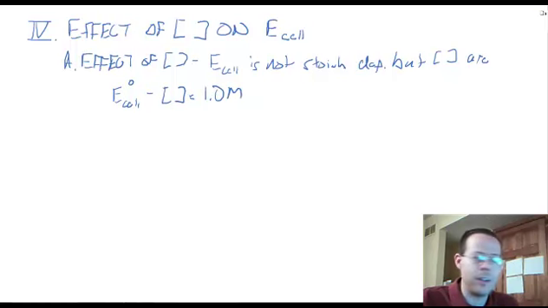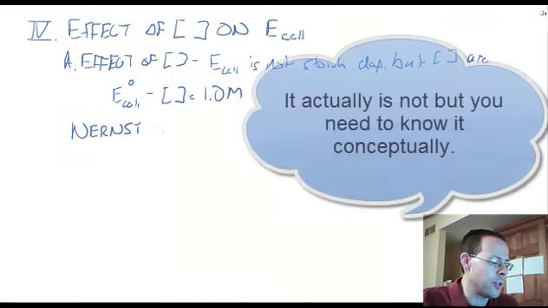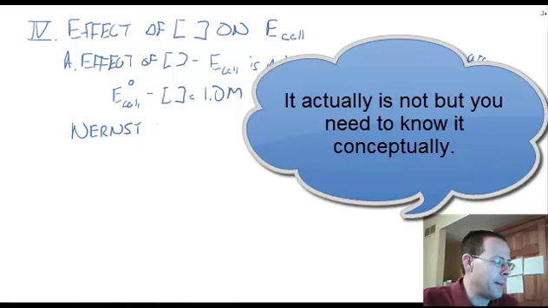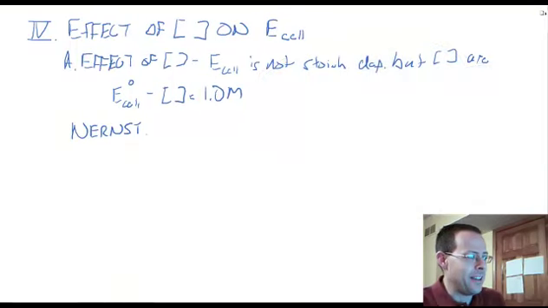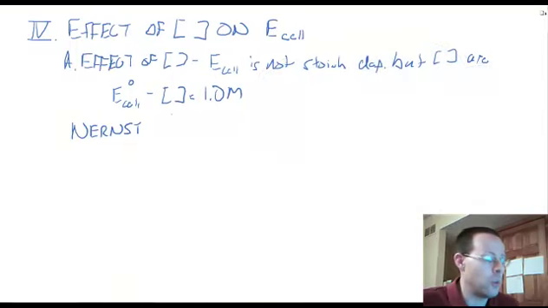And E cell knot is a standard condition. So our new equation is going to be called the Nernst Equation. And again, Nernst is on your equation sheet, so it's nothing that you have to memorize. But the Nernst Equation shows the relationship between E cell and our concentrations if they aren't 1 molar.